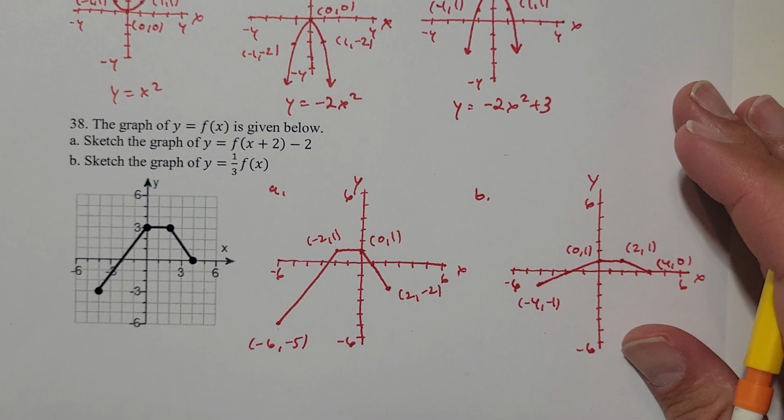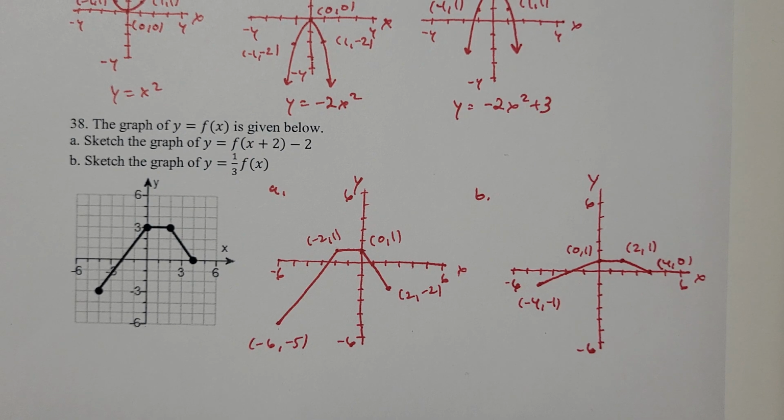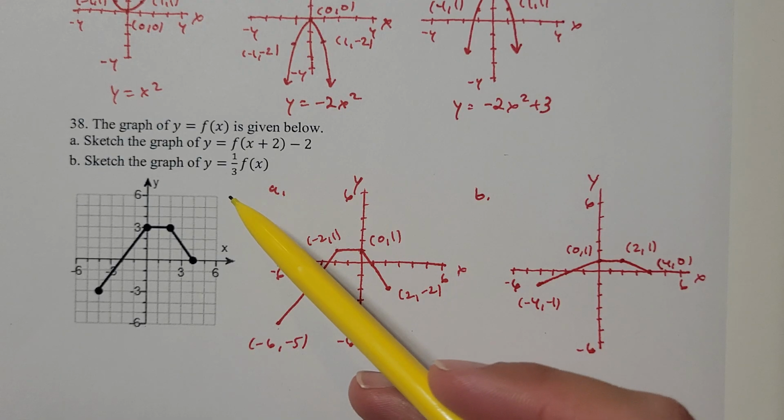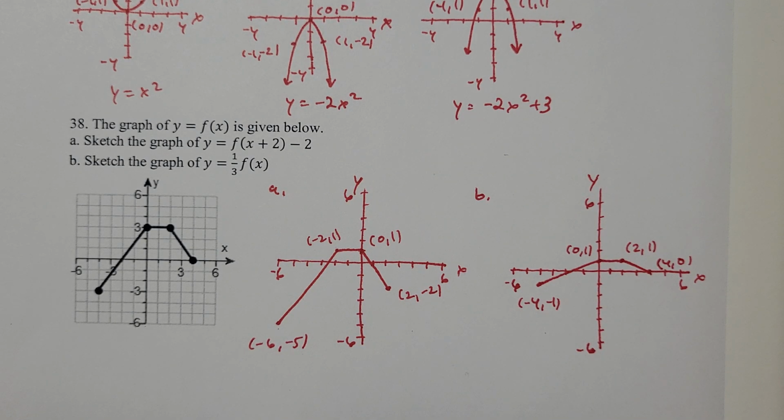Problem 38. We have the graph of y equals f of x, shown right here. In part A, I want us to graph y equals f of x plus 2 minus 2. And then in part B, we'll graph y equals 1/3 times f of x. So in part A, we need to graph y equals f of x plus 2 minus 2. That means I'm going to take this graph, and there are going to be two shifts.